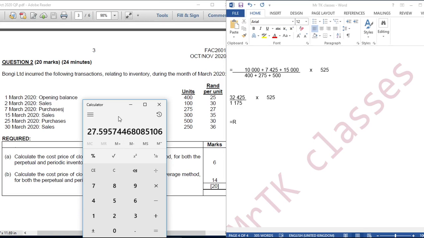Okay, we get this, multiply by 525, get 14,488. We are just rounding.